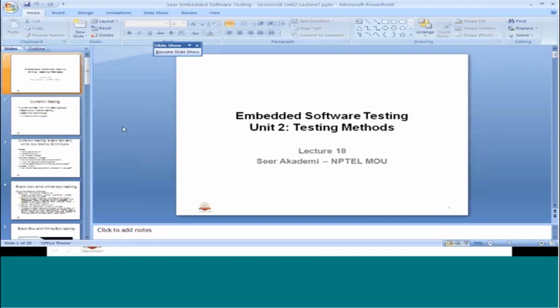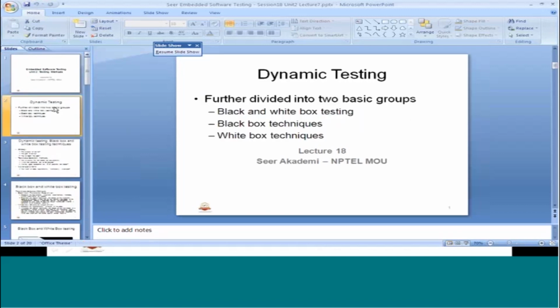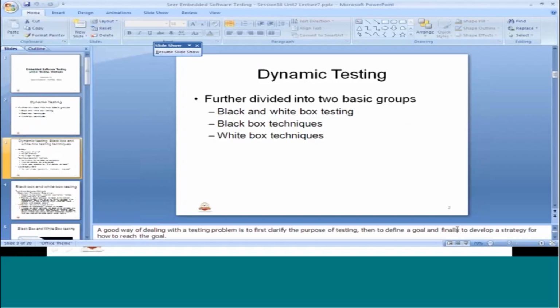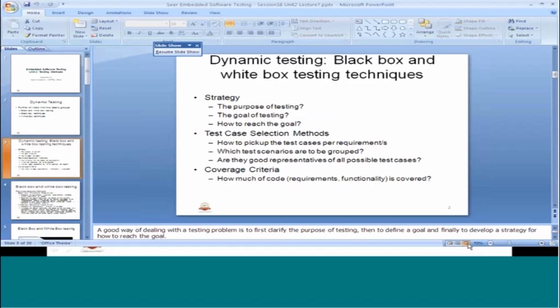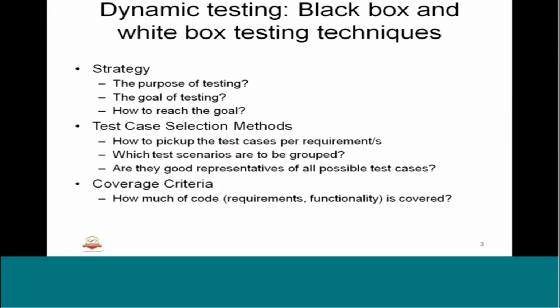some of the basics of dynamic testing in terms of white box and black box. So we need to have a strategy, test case selection methods, and coverage criteria. These are very important aspects for doing white box and black box testing. We also studied the differences between white box and black box testing.